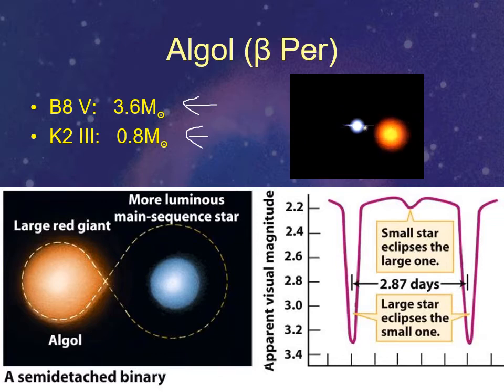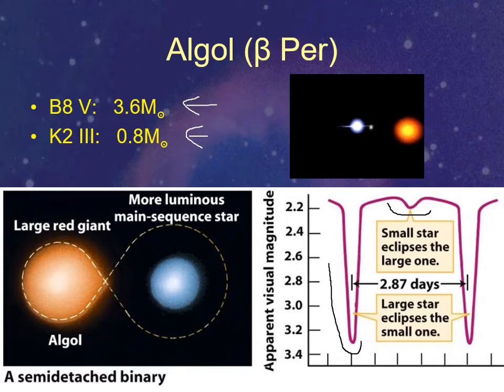We have a low mass star that's off the main sequence orbiting around a high mass star on the main sequence. So when the big cool star passes in front of the small hot star, it gets really dim. And then when it passes behind, we lose a little bit of light, but the bright star is so bright, you don't lose a whole lot there.